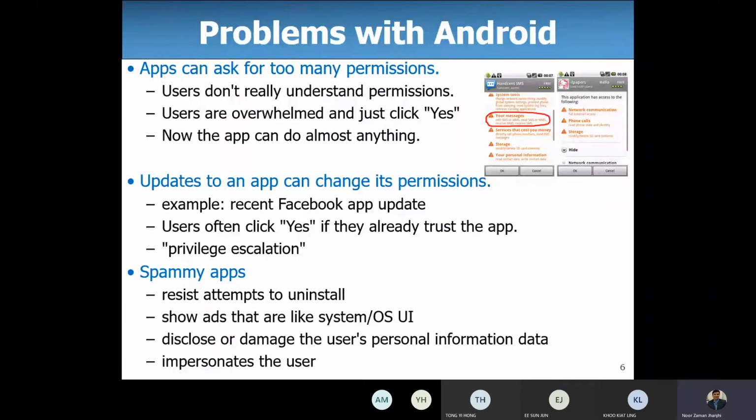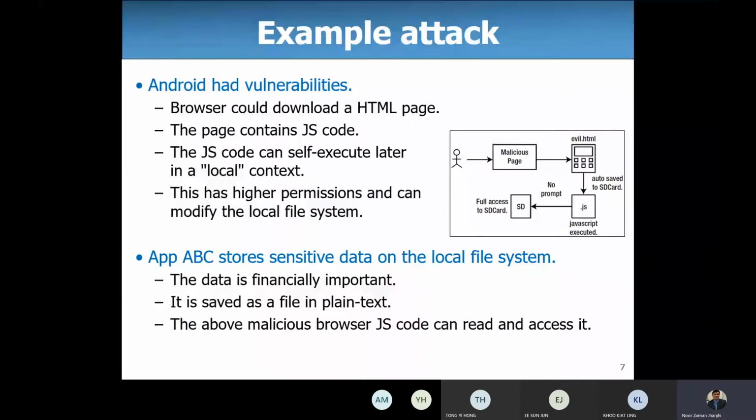So this is the most important point related to this one. Now, what are the examples of attacks? In case we install any vulnerability or any wrong app, they can easily use their malicious page to access even our other applications.